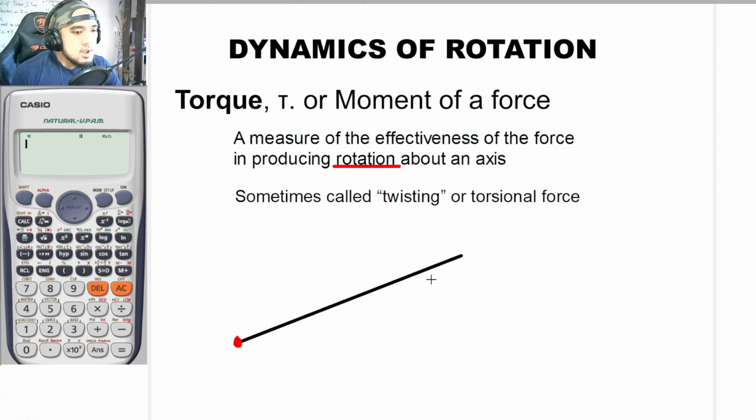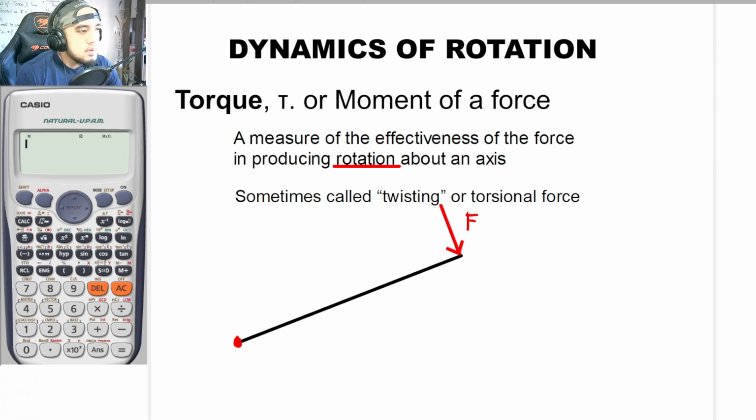Let's say that this is a stick with a fixed point, and we apply a force perpendicular to this stick. Let's say that this is our force F. If force F is present here and this part is a fixed point, the tendency of this stick is to rotate in this manner, because of course a force is present at this point.